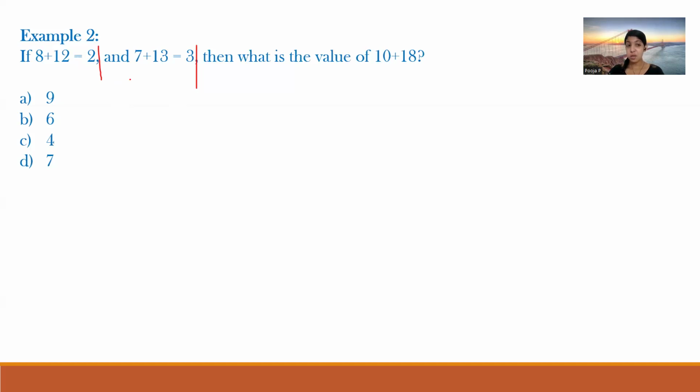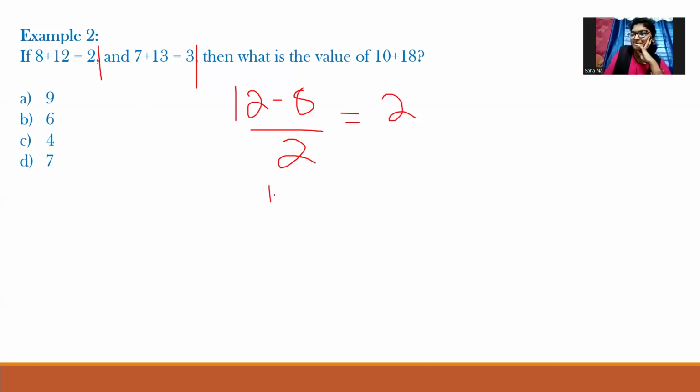Wonderful. You figured it out so correctly. I don't know how, but you got it. So yes, that itself is the relationship. 12 minus 8 divided by 2 will give you the answer as 2. Similarly, 13 minus 7 divided by 2 will give you 3.